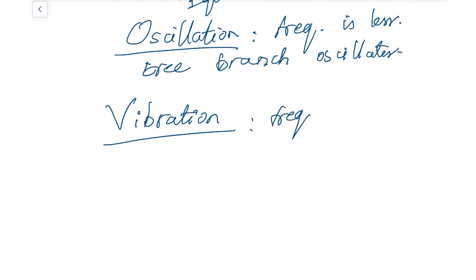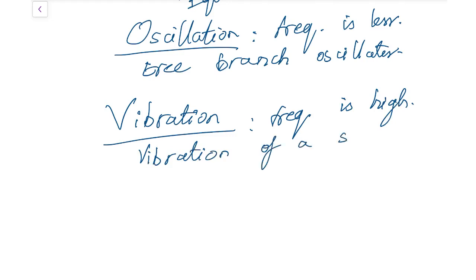On the other hand, if frequency is high, then we call this vibration. For example, vibration of a string of a musical instrument. If you strike a chord on your guitar, that will be vibrating.